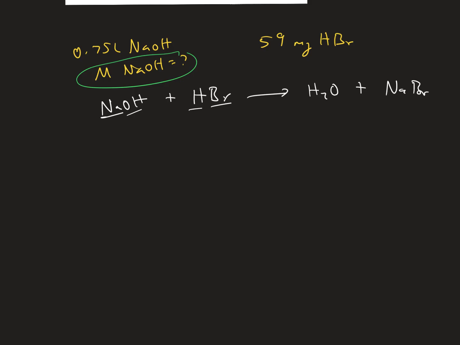Okay? We start here. 59 milligrams of HBr. What can we do before we can use the mole roadmap? Convert it into grams. So, should we pull out our mole roadmap? Yeah. Just to see what's going on here?